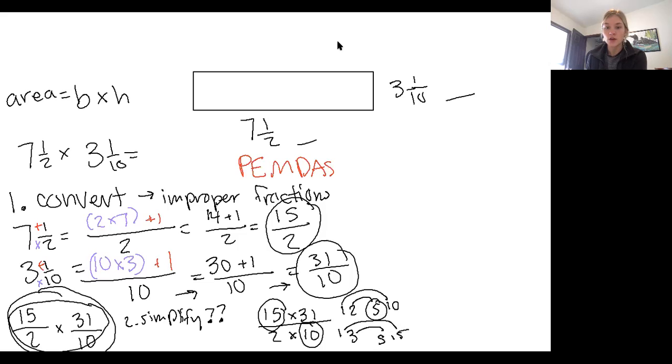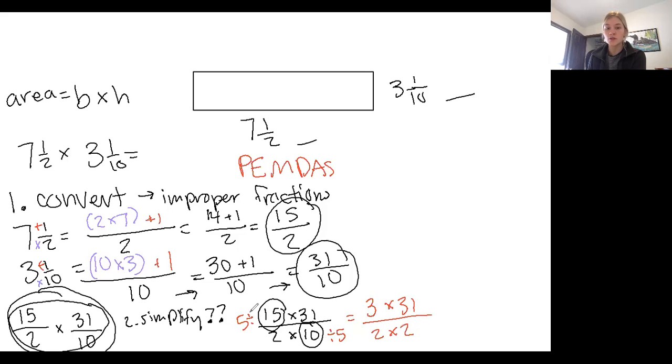Okay, so let's just do that. Whatever I do to the bottom, I have to do to the top. Okay, so now let's rewrite this. This is now equal to 15 divided by 5 is 3 times 31, and 2 times 10, 10 divided by 5 is 2.